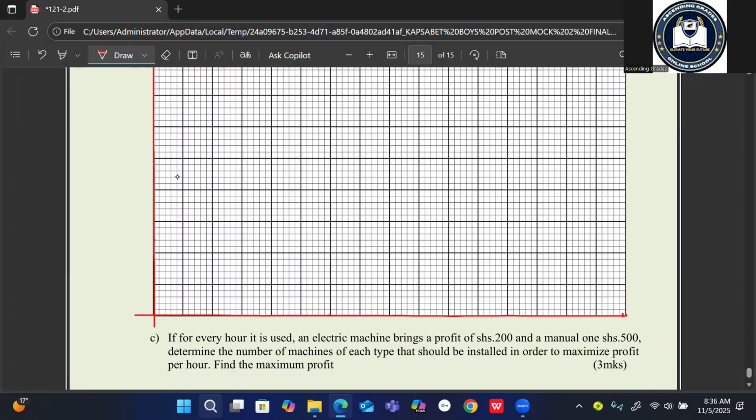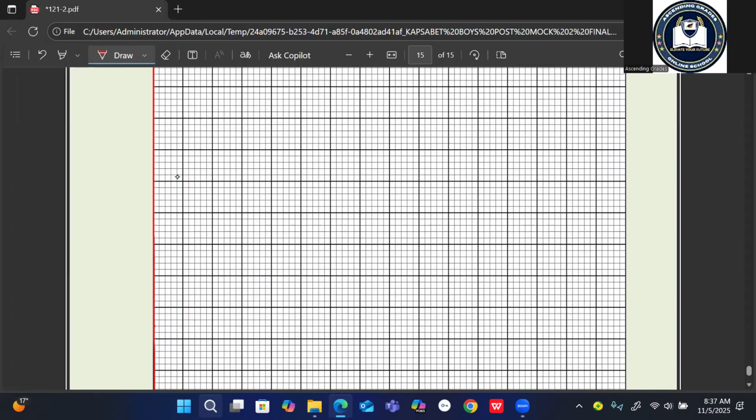So we have 0 there. 1, 2, 3, 4, 5, 6, 10, 11, 12, 13. So that is x.